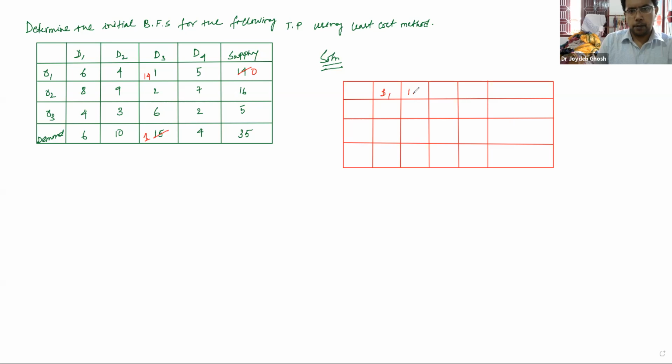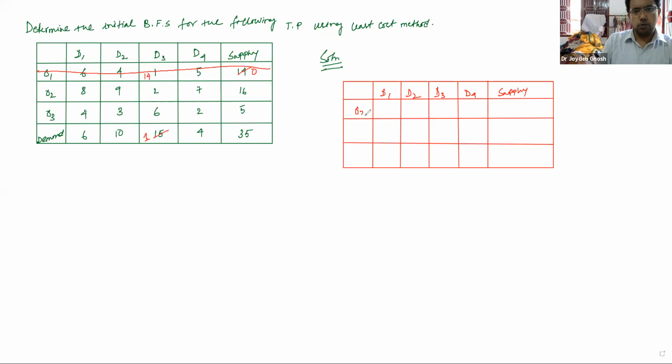D1, D2, D3, D4, supply. Look, 14 was the supply, and we have already exhausted this row. So definitely we will omit this.